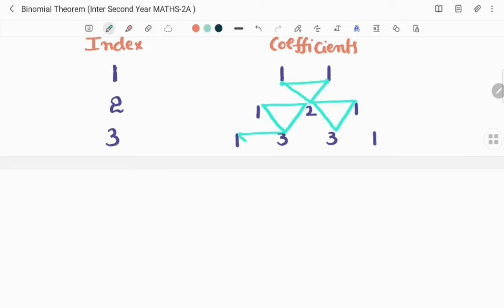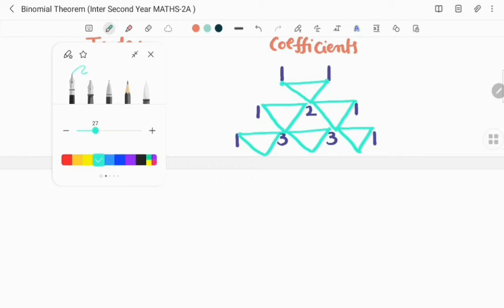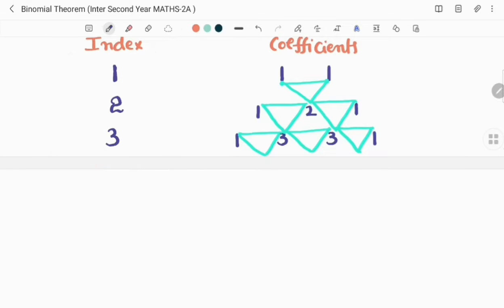The sum of 1 and 3 will be, I will write it here, sum of these 2. So 1 plus 3 will be 4. Here 3 plus 3, 6. Here 1 only, this 1 will be 1. Again 3 plus 3, 6. Again 3 plus 1, 4. 1. Like this way it will go on.